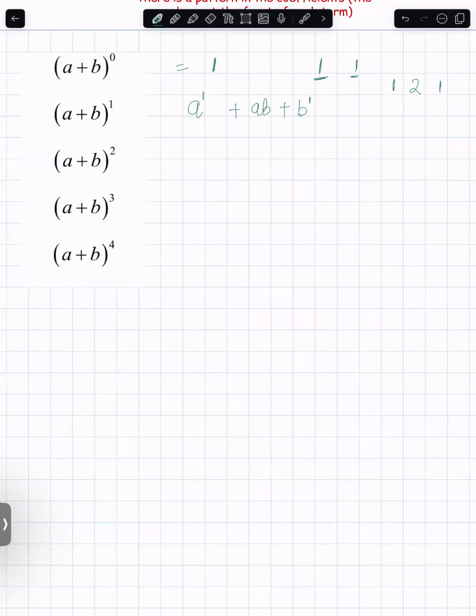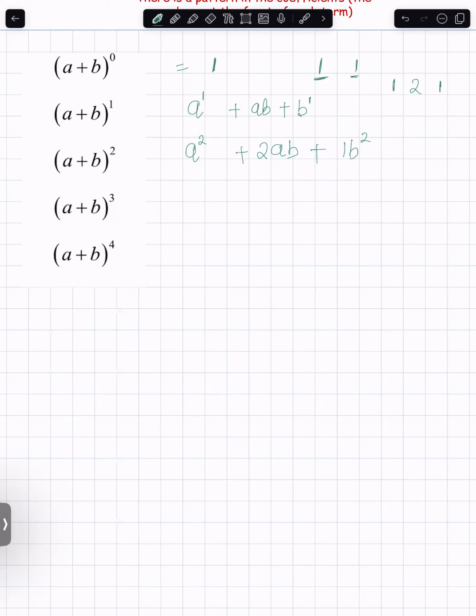So for my a, I will have a squared, which is a raised to 2. Then you put the a and the b, which is having a coefficient of 2, so I'll have 2ab. Then the last is 1, so that will be 1b squared. So this is the expression using your Pascal triangle.